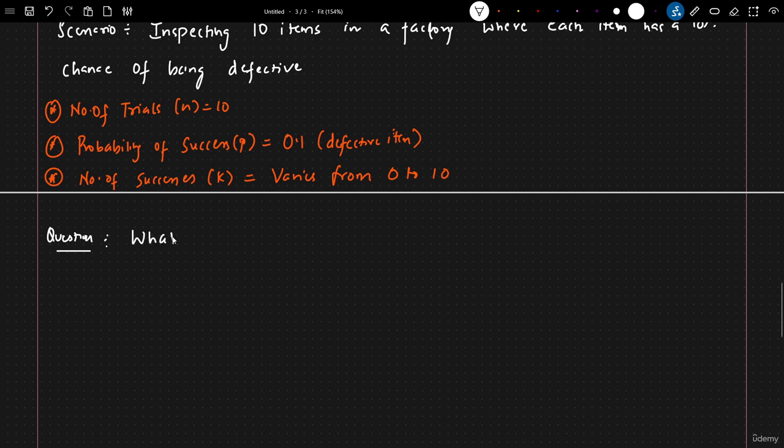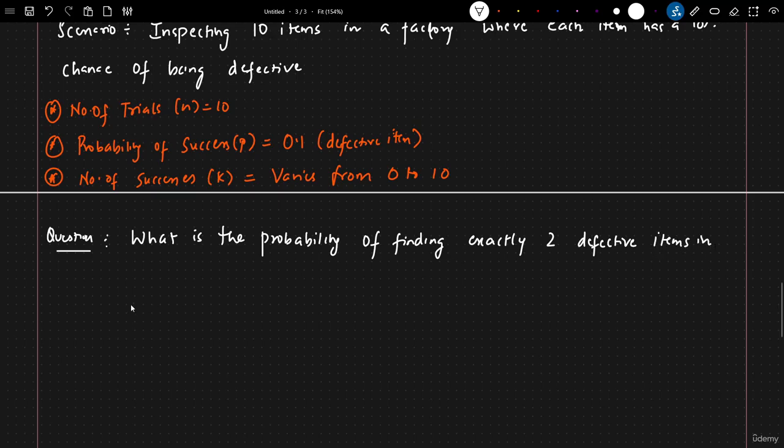what is the probability of finding exactly 2 defective items in a sample of 10?